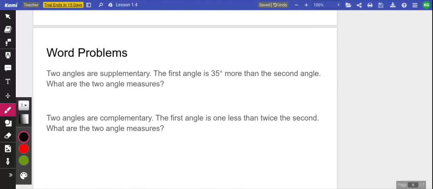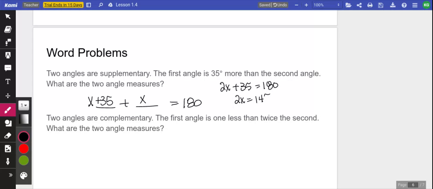Two angles are supplementary. So that means I have two angles that add up to 180. The first angle is 35 more than the second angle. We don't know what the second is. And the first one is 35 more, so x plus 35. What are the two angle measures? Well, first we'll combine like terms to get 2x plus 35. Subtract 35 to get 145.